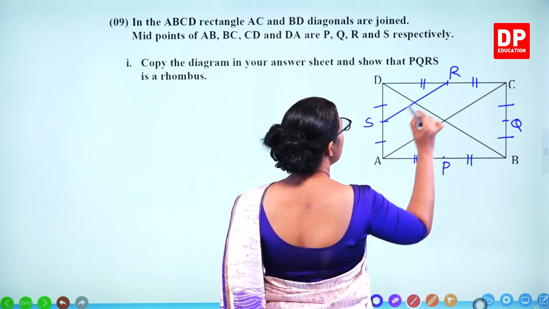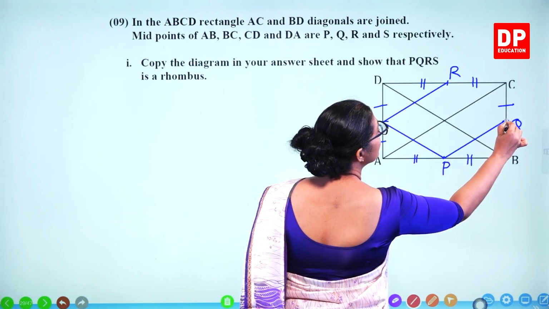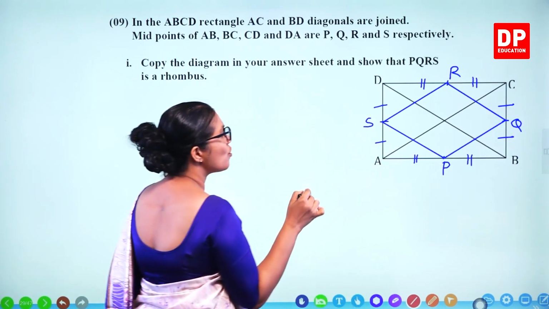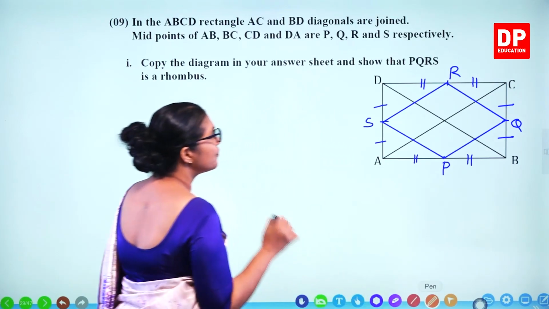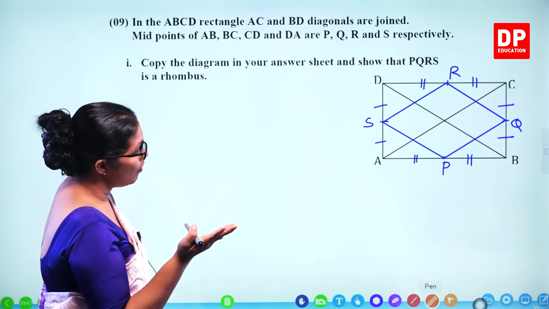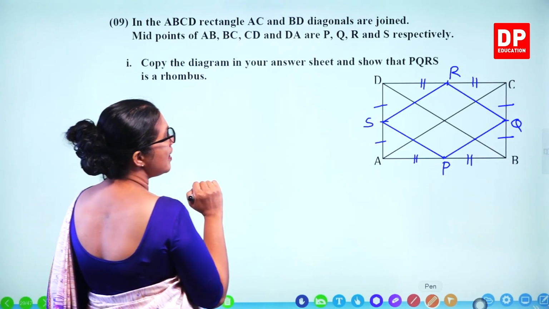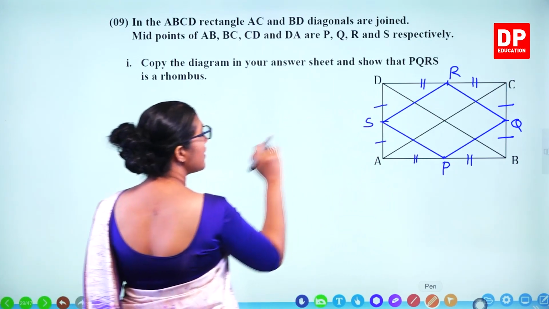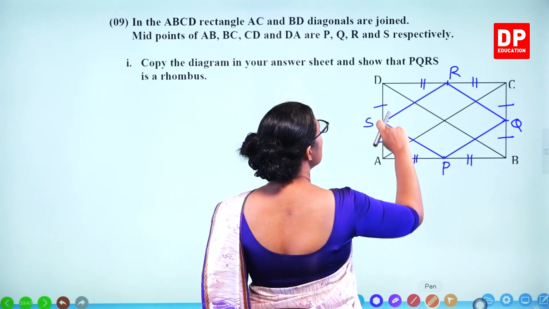So we need to connect. So you have to show that this is a rhombus. So how do you do that? That means sides are equal and also parallel, you have to show. So we'll take the first step. Think about ACD triangle. What can you say about these midpoints?